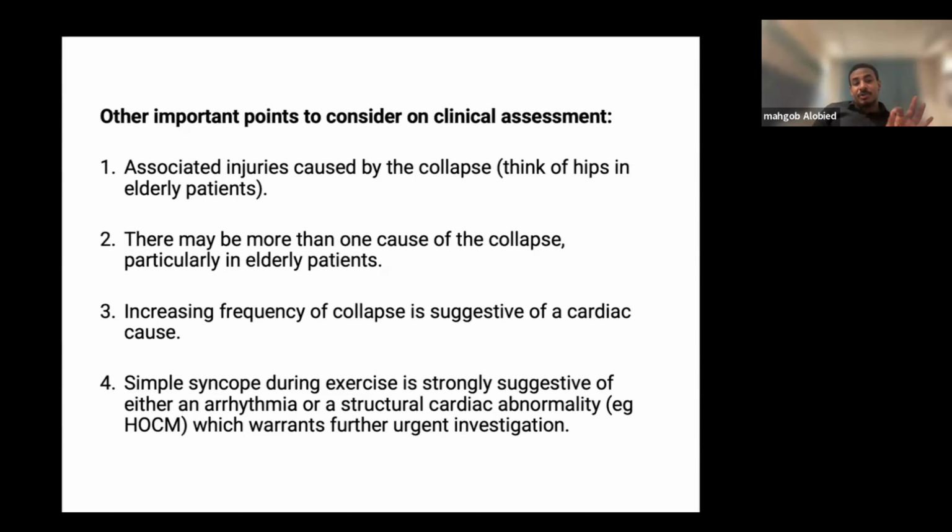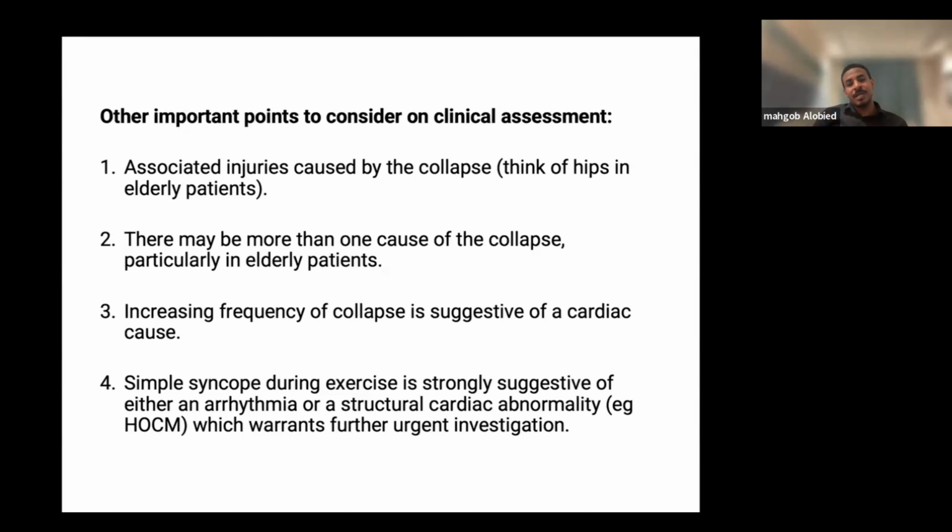But the important part is increasing frequency of collapse. This is suggestive of a cardiac cause. If the patient tells you this happened 3 times and it is getting shorter in duration, like the first one happened a year ago, the second one 6 months ago, and this one 3 months ago, so it's getting shorter in duration.